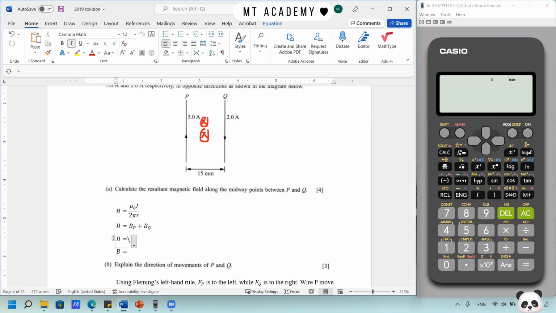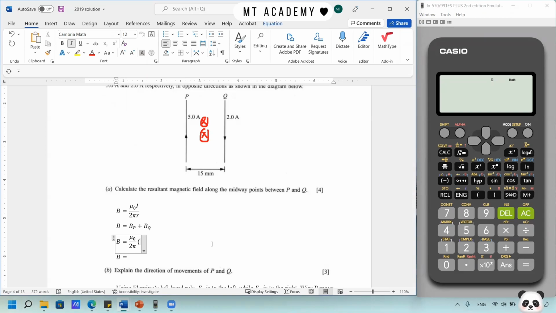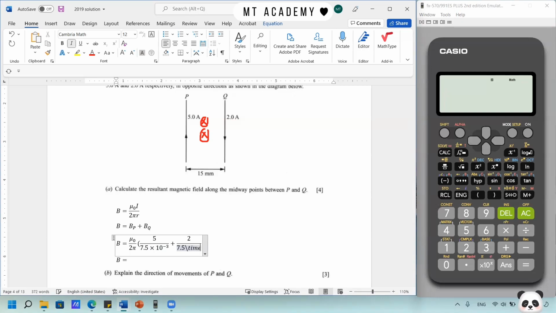Applying the formula, we have mu naught over 2 pi, multiplied by the current of P, which is 5, divided by the distance, which is half of 15 millimeter, 7.5 millimeter. And for wire Q, it is 2 ampere over 7.5 millimeter.